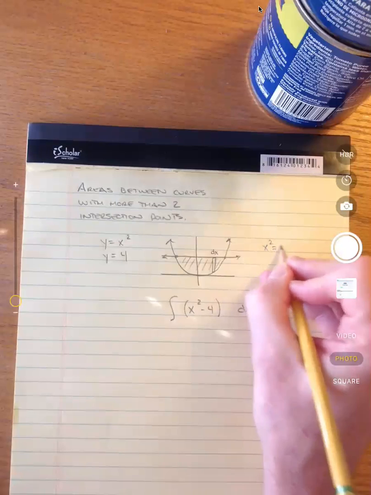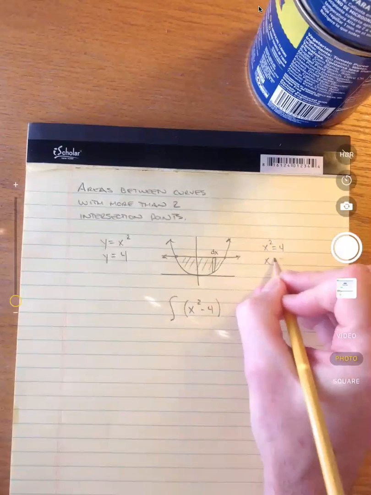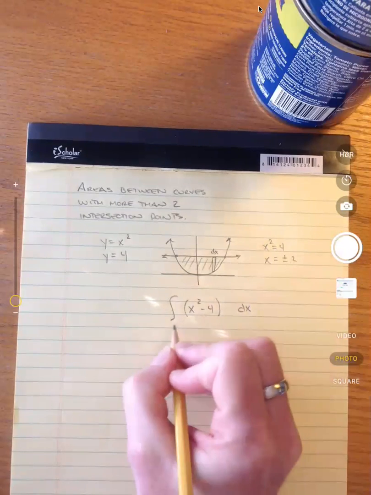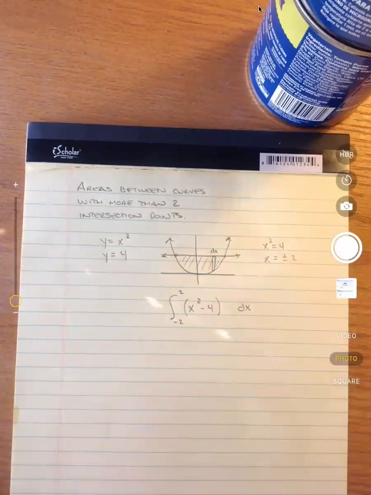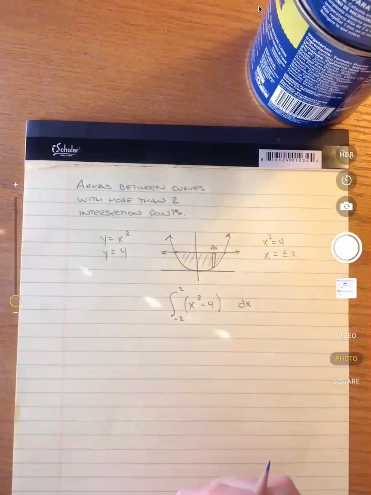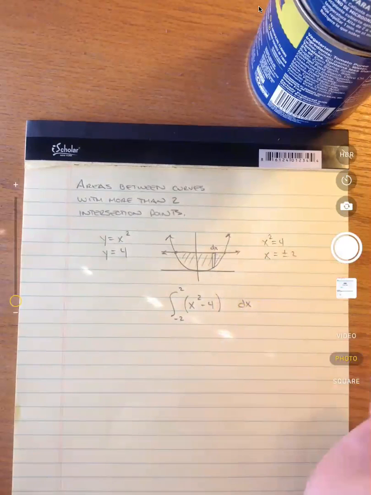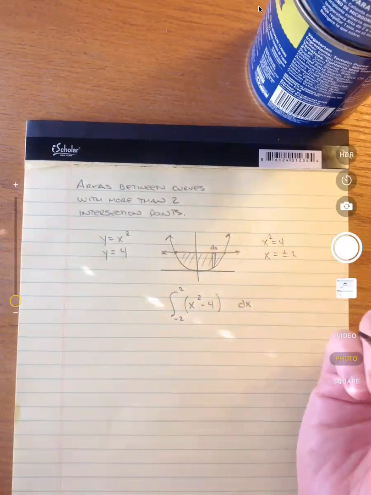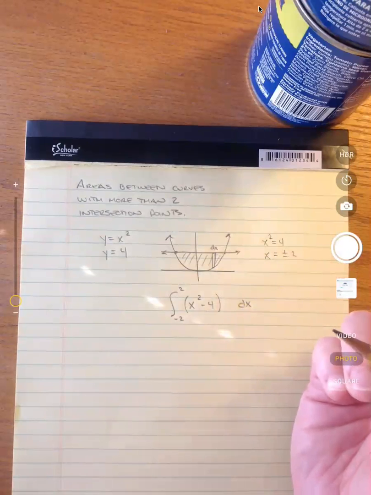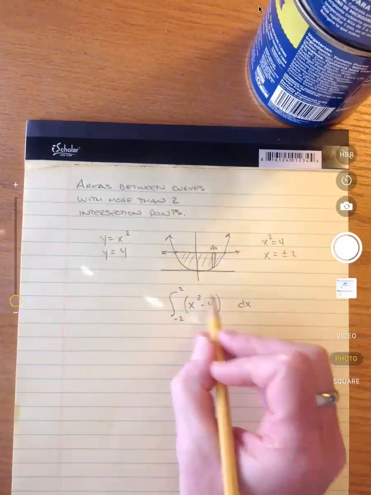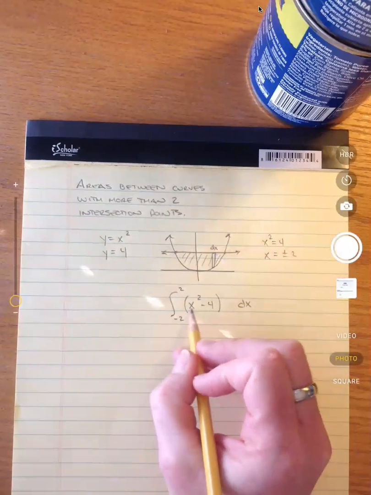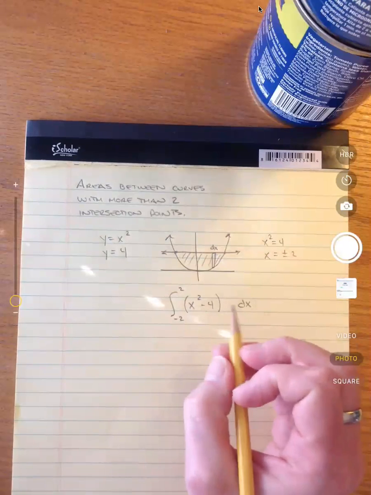By hand, we can just set the functions equal to each other. We obviously get plus or minus 2, and you get that solution. And we anti-differentiate that by hand or with our calculator and get the solution. Also keep in mind that in this case, we did upper minus lower relative to the x-axis. But there might be times when you don't know which one's the upper and which one's the lower. If I switch these and had them backwards and did 4 minus x squared, I would get the opposite answer.